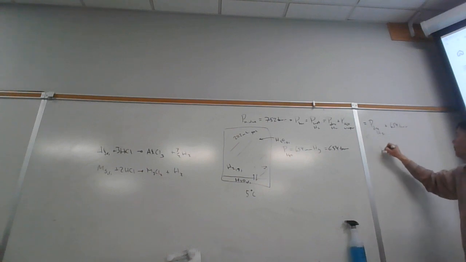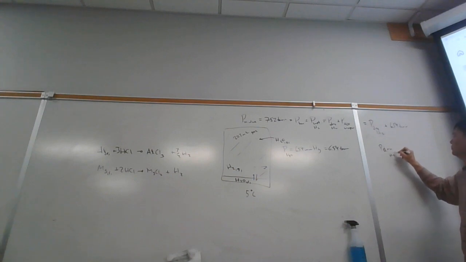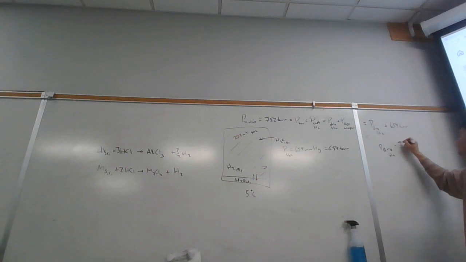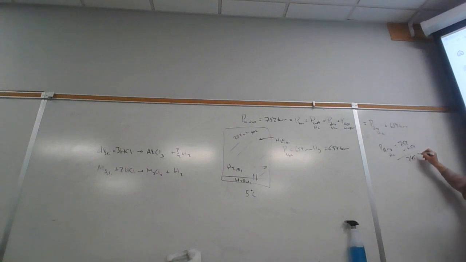And so, solving this equation, the pressure of the dry hydrogen is equal to 752 minus 6.54, which is going to give us 745.846 torr.